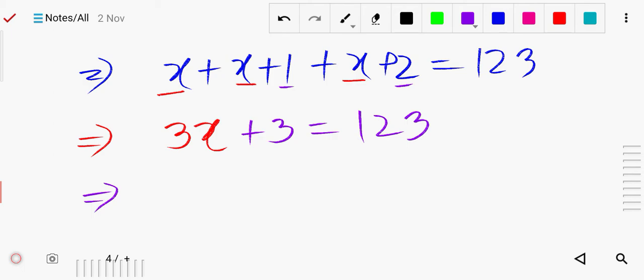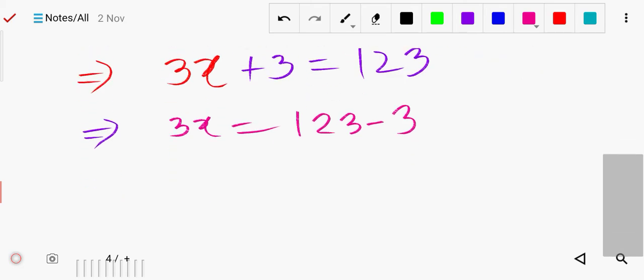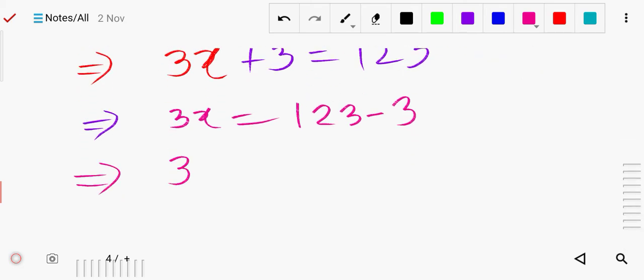Next we can transpose, we can shift the same type of terms. So 123 minus 3, the 3 will go to the right side. So 3x equals 120.